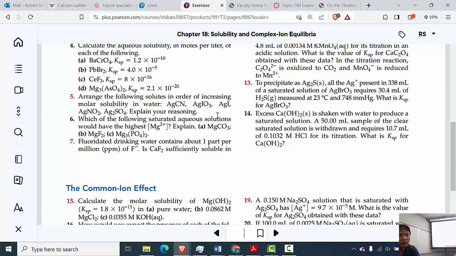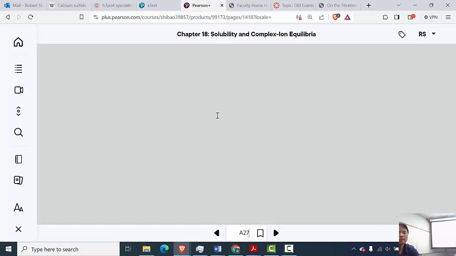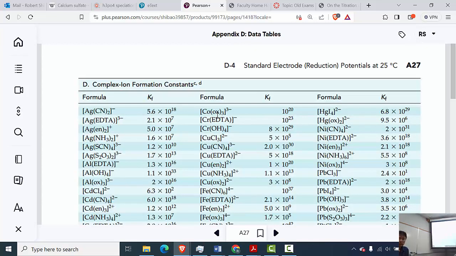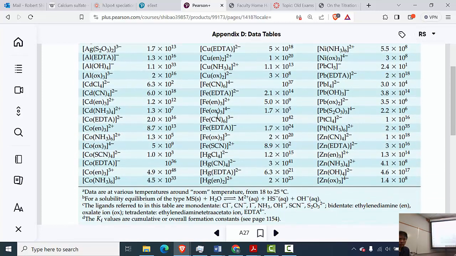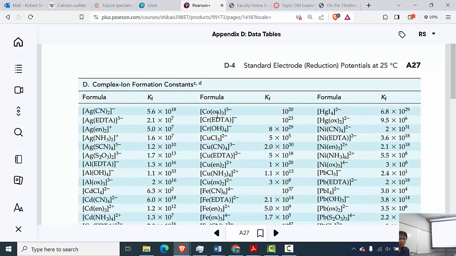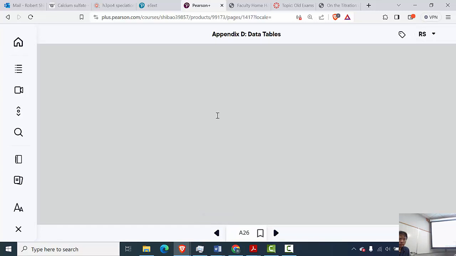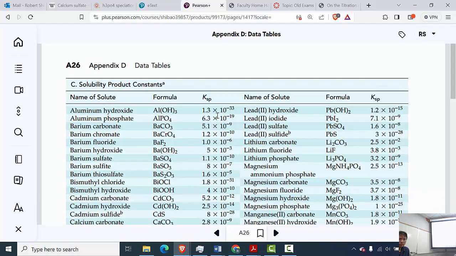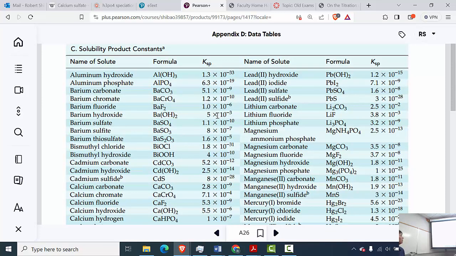We're looking at carbonate, fluoride, and phosphate. So carbonate's 3.5 times 10 to the minus 8. Fluoride is 3.7 times 10 to the minus 8. Which of these two is more soluble?